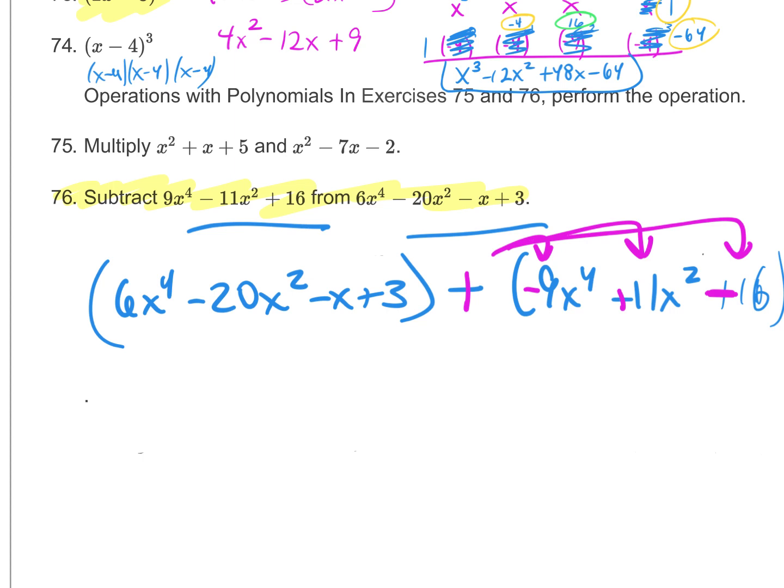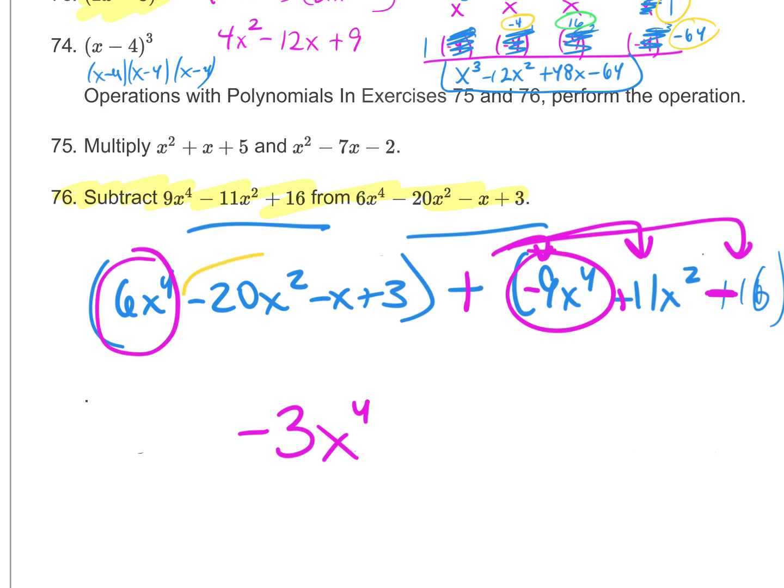So now we can combine like terms. Find the highest exponent. I have 6x to the 4th and a negative 9x to the 4th. What is that? 6 minus 9. Negative 3x to the 4th, okay? Next exponent would be what? Okay, x squared. So I have negative 20x squared plus 11x squared.